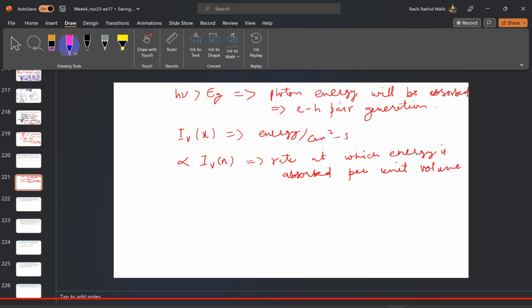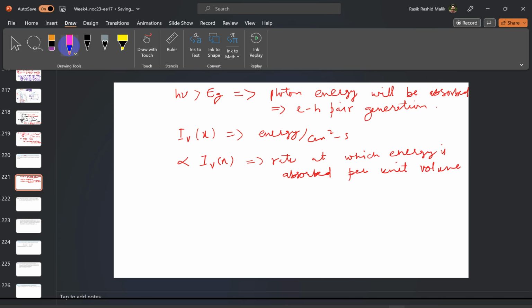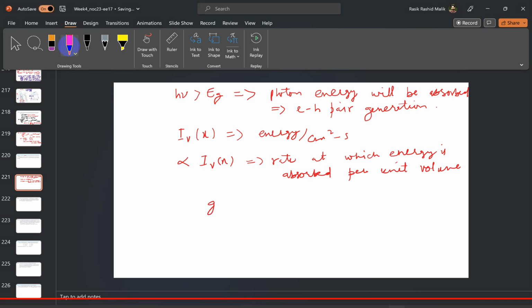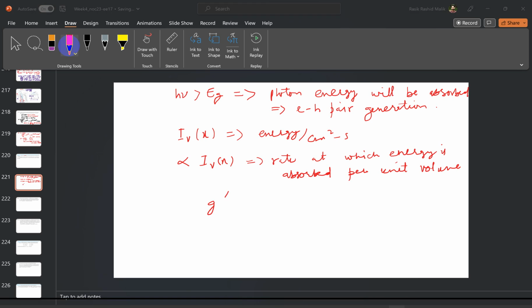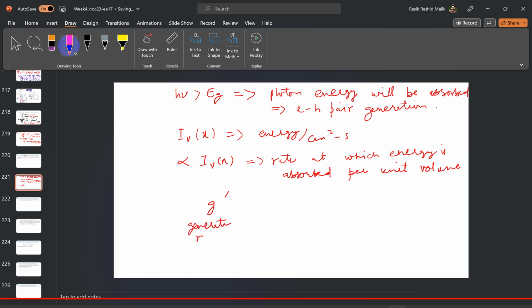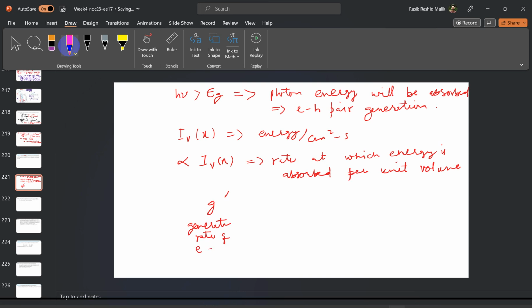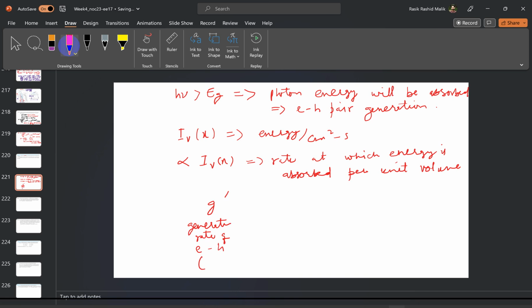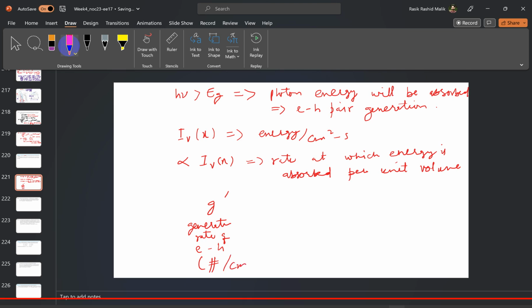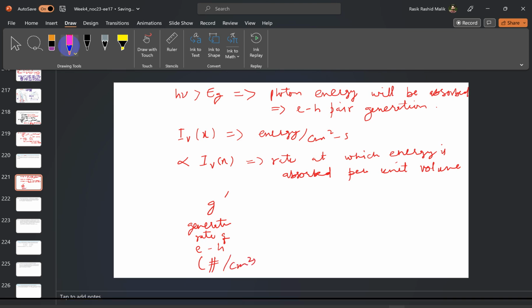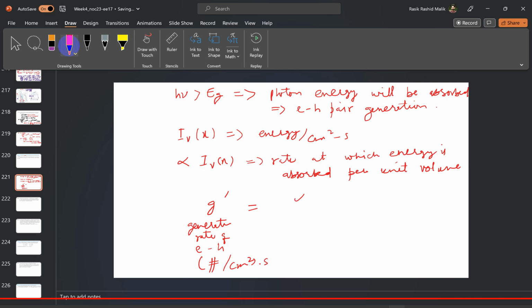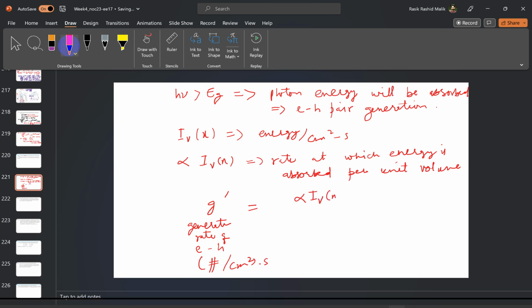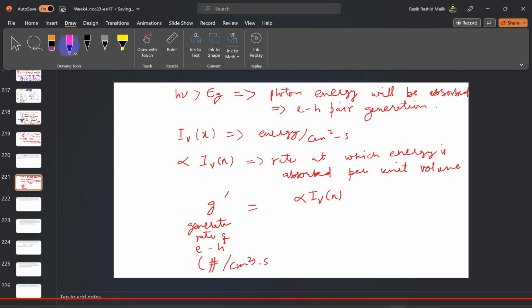If we assume that one absorbed photon with the energy h nu creates one electron hole pair, then the generation rate, say G dash, the generation rate of electron hole pairs, in units of number of electrons generated per centimeter cube per second, will be simply alpha I(V)x, which indicates the rate at which the energy is absorbed per unit volume.